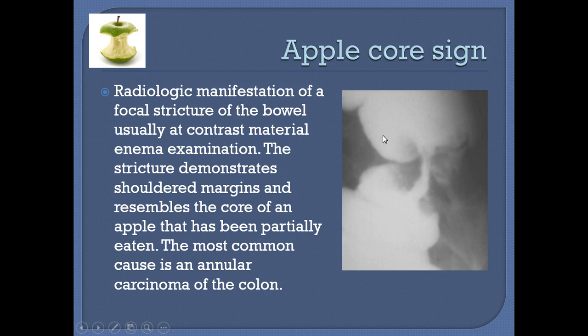We can have barium swallow for evaluating the pathologies of the esophagus. We can have barium meal to evaluate the pathology of the stomach and duodenum. We can have small bowel enema for small bowel pathologies and large bowel enema for large bowel pathologies.